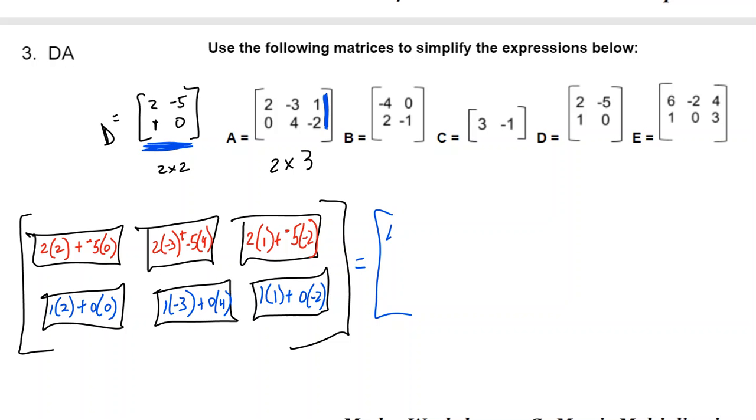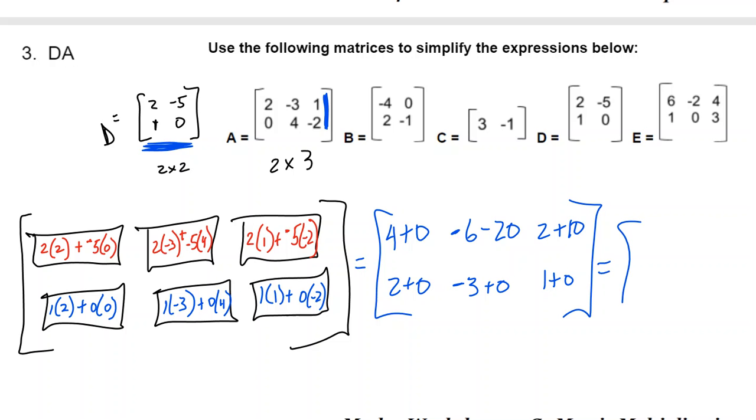All right, so we get 4 plus 0, and 2 plus 0, and -6 minus 20, and -3 plus 0, and 2 plus 10, and 1 plus 0. We get a 4 and a 2, and a -26, and a -3, and a 12, and a 1.